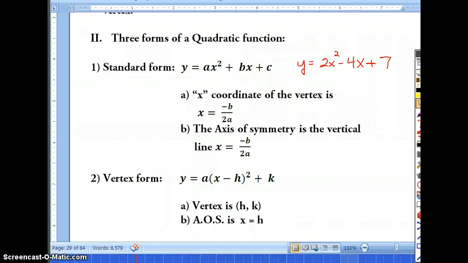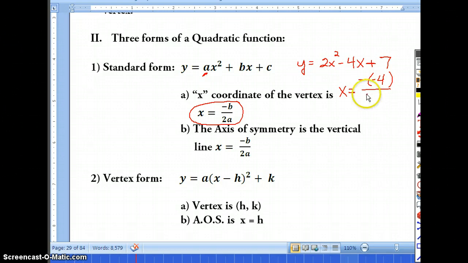Now, in order to find the x-coordinate for the vertex, you use this little formula right here. The x-coordinate will equal minus b over 2a. So in our example here, b is negative 4, so it's minus a negative 4. a is 2 because it's the coefficient of x squared.